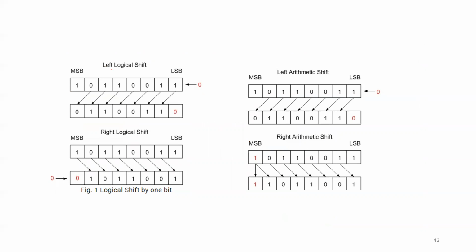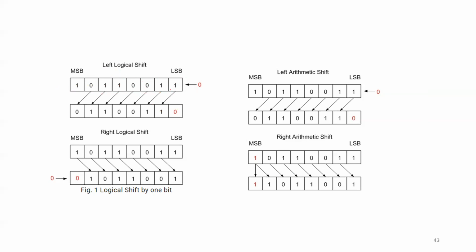So for instance, let's see together the left logical shift. This is logical shift, which means shifting the data in your register to the left. So after shifting, what would be added in the first bit here? The data that should be added here is 0. So for the logical left shift, you will add 0 in the first bit, and the data would be shifted to the left like that.